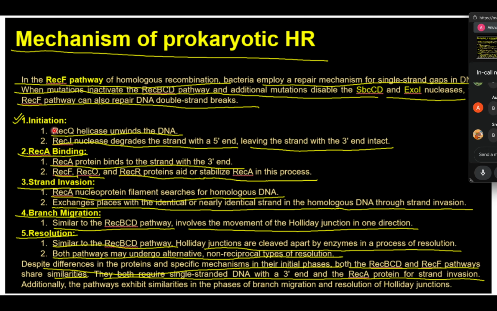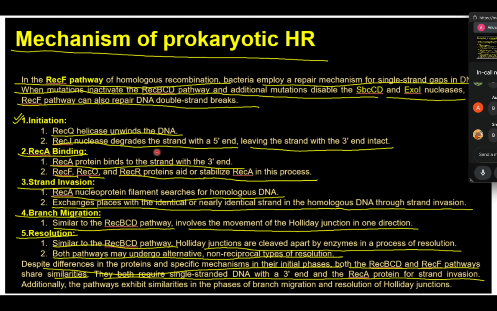So how does it work? There are a lot of different enzymes involved. The first is RecQ, which is a helicase that unwinds DNA. You know that DNA normally is in a supercoiled state. So first you need someone to unwind it from the supercoiled state, and then also pull the strands apart from the double-stranded helix they have formed with the hydrogen bonds.